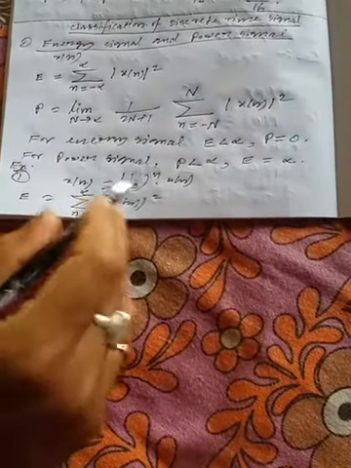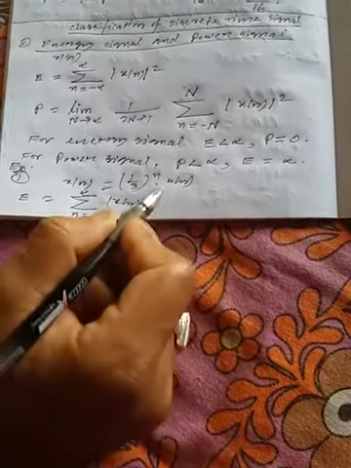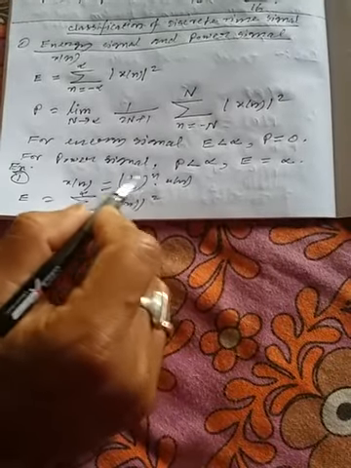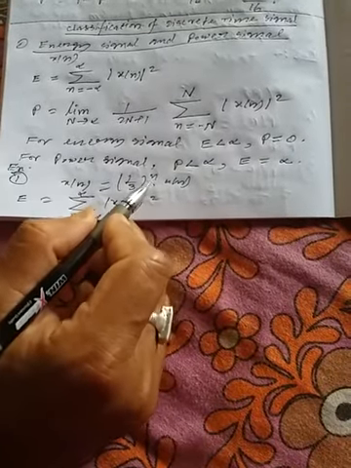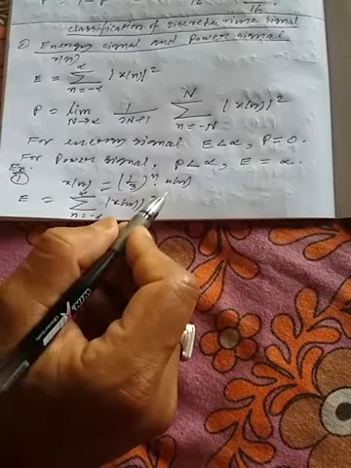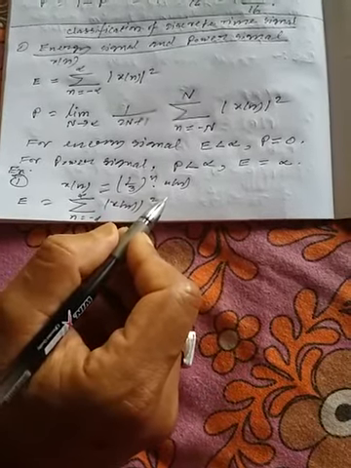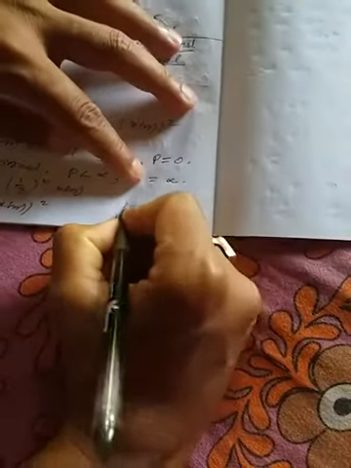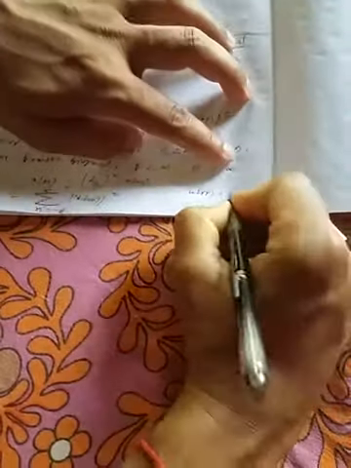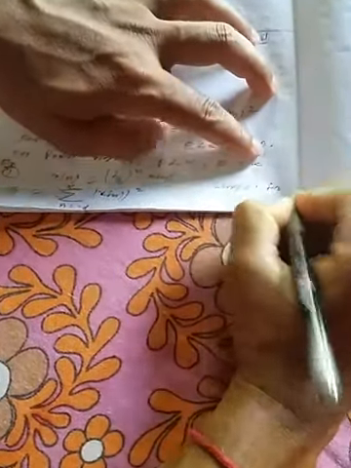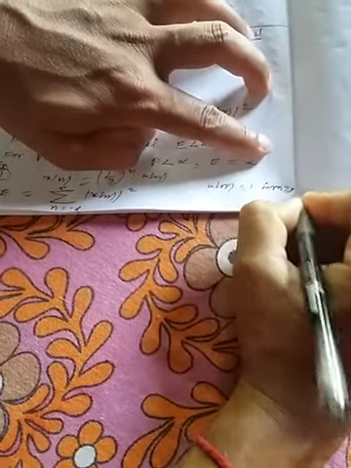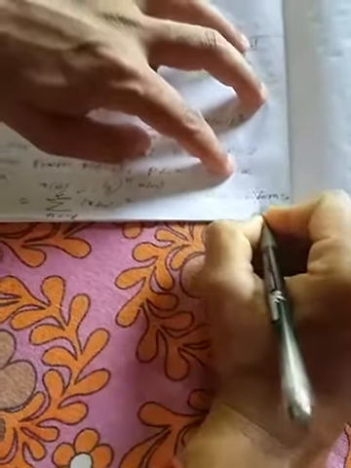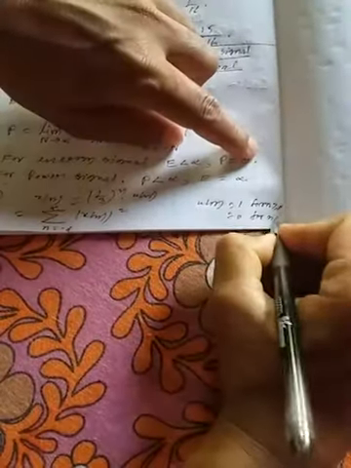Now x[n] is given by this. Here a term u[n] is multiplied with (1 by 3) to the power n. What is u[n]? All of you know that u[n] is the unit step function. u[n] will be equal to 1 for n greater than equal to 0 and 0 for n less than 0.